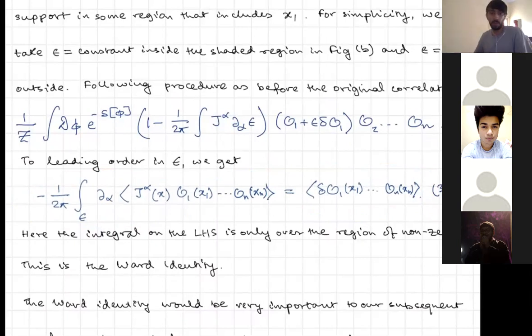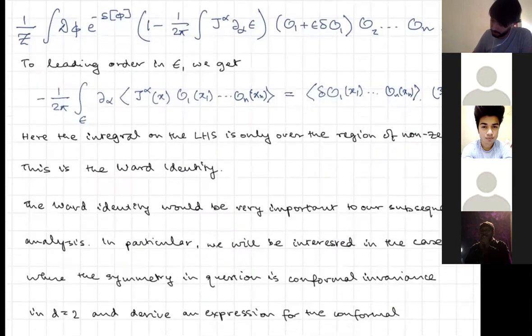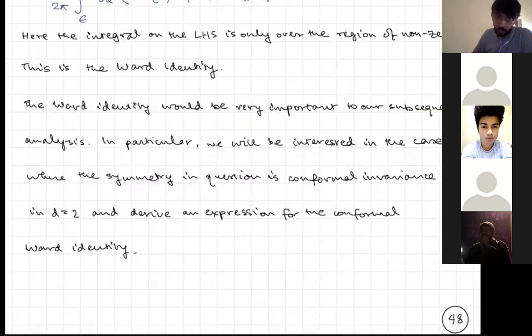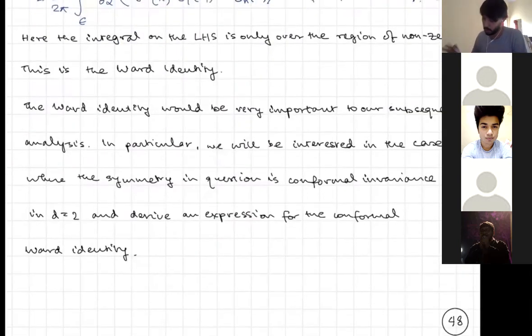Maybe a number of you have seen it before, but I thought it was important to re-emphasize because we are going to be using this. It is going to be important to our subsequent analysis. In particular, we'll be interested in the case where the symmetry in question is conformal invariance in D equal to 2, and we will derive an expression for the conformal Ward identity in the next class.